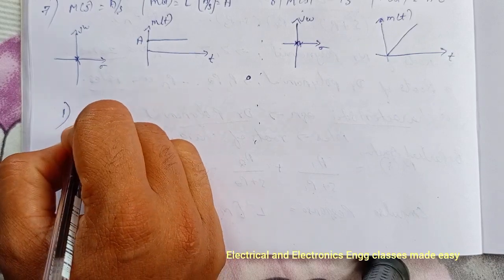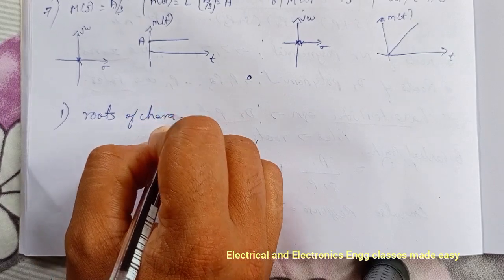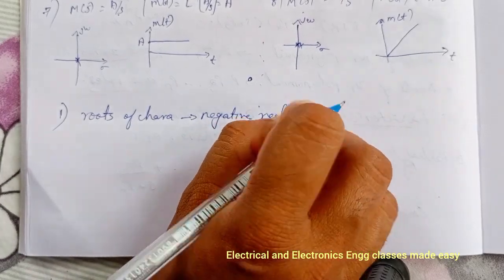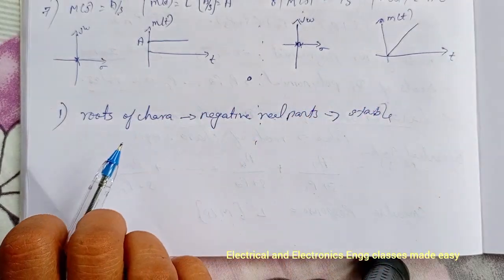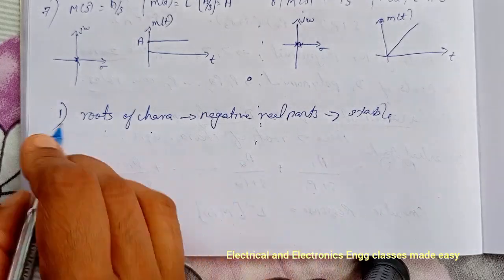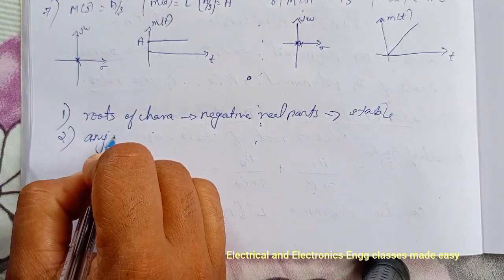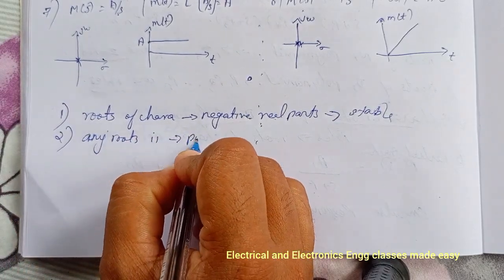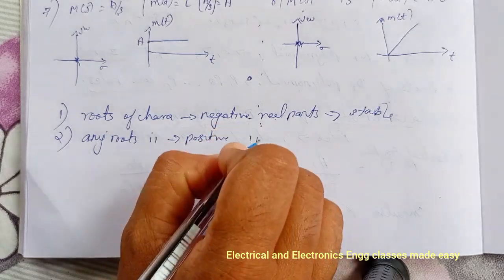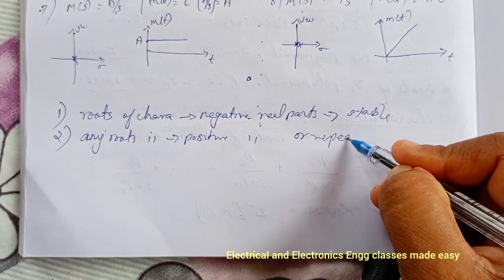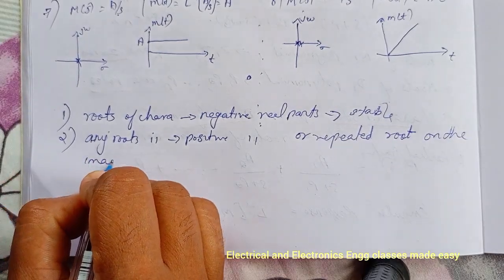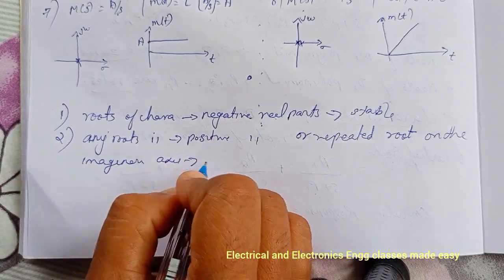If all the roots of the characteristic equation have negative real parts, then the system is stable. And if any root of the characteristic equation has a positive real part, or if there is a repeated root on the imaginary axis, then the system is unstable.